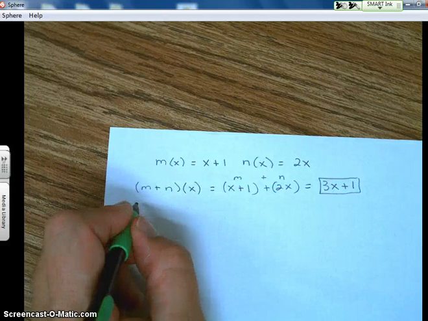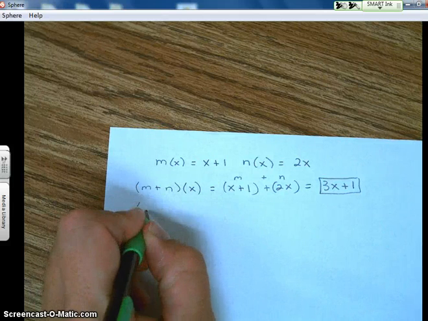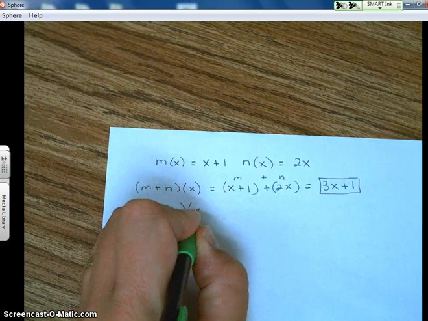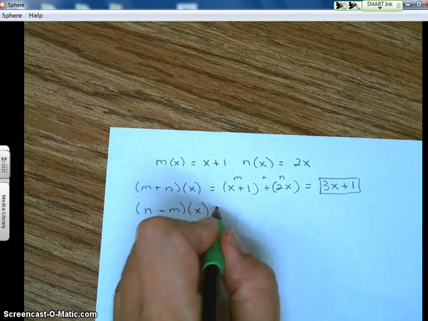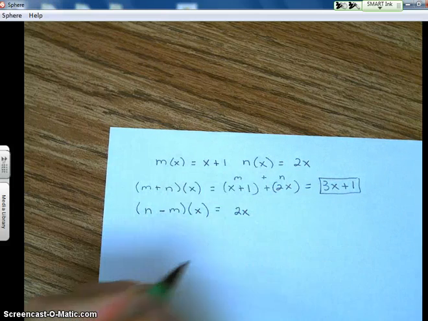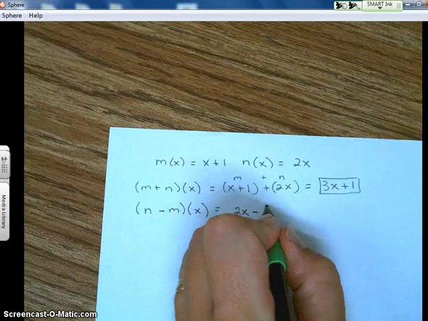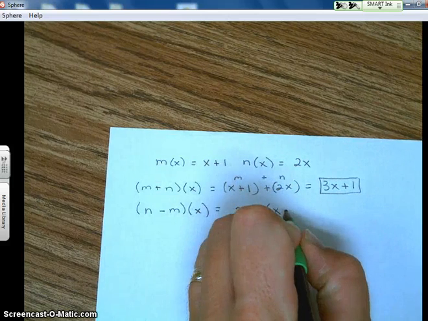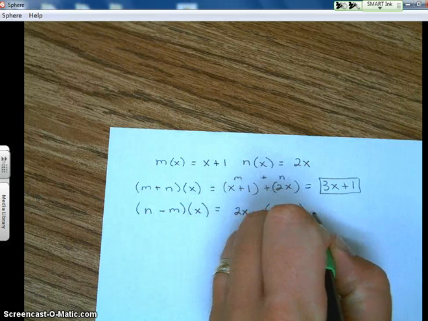Okay, now I'm going to change it around. I'm going to do n minus m. Okay, so n goes first this time, minus, and I want to subtract function m. So I want to subtract this whole function.